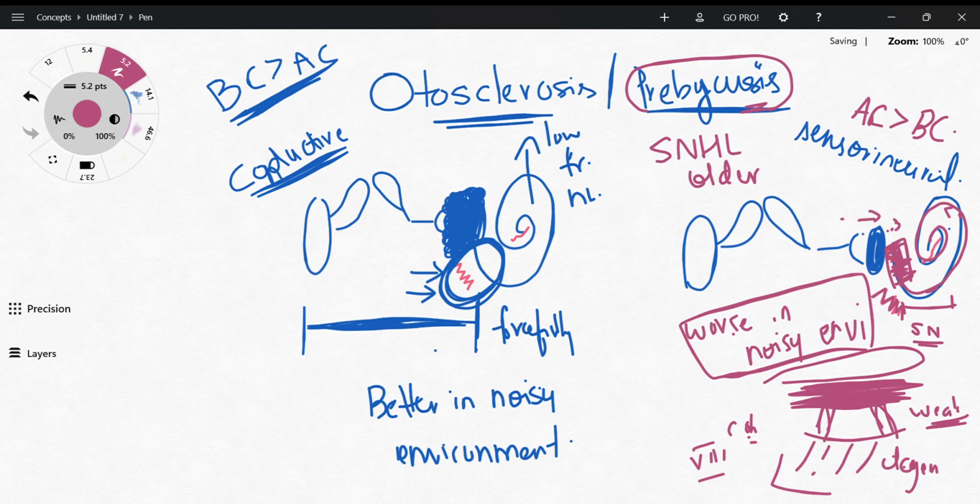So just imagine years and years of pressing up against these hair cells over here. These are the ones that are going to be mostly damaged, and they're going to have high frequency hearing loss, right?